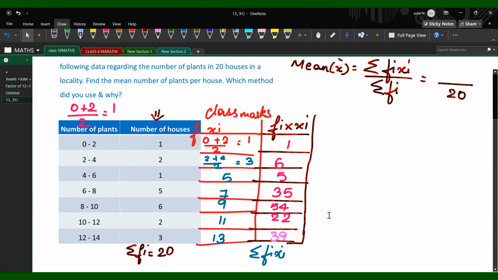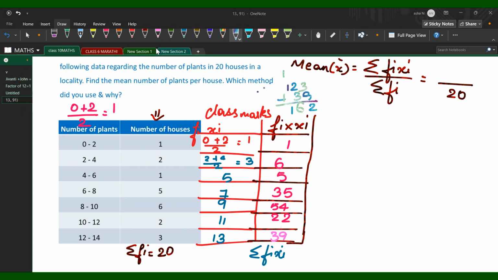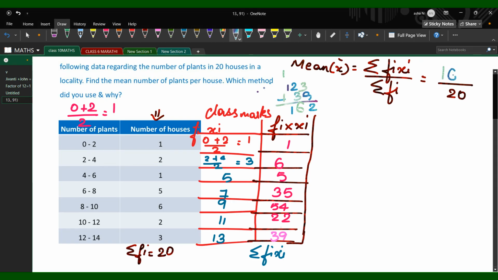Let's do this one: 123 plus 39 is 162. Yes, 162 we will get here.